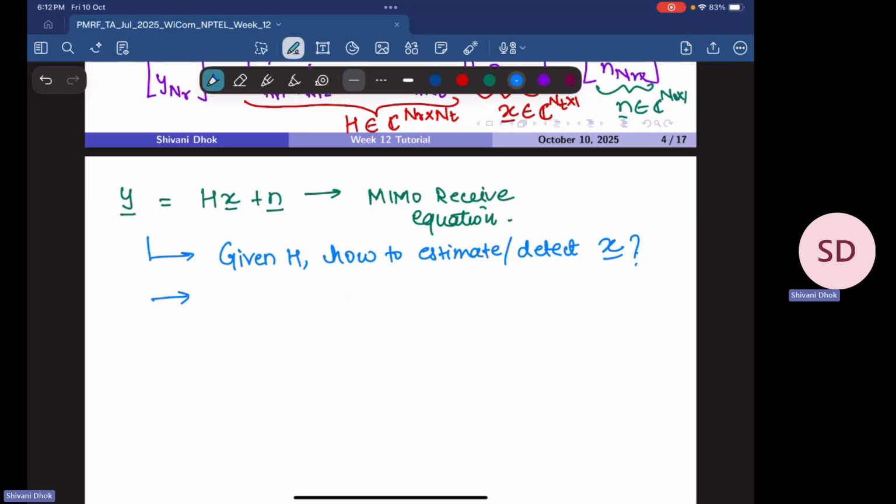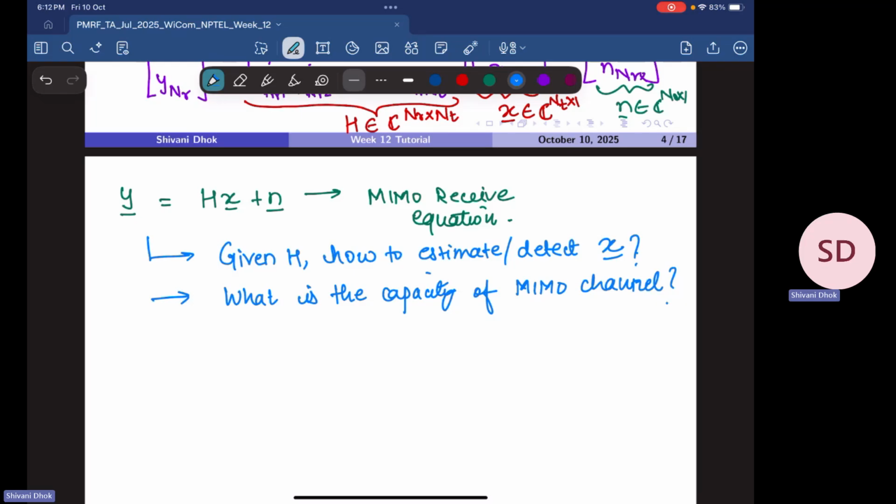And the next question is, what is the capacity of this MIMO channel? This is what we tried to answer here.